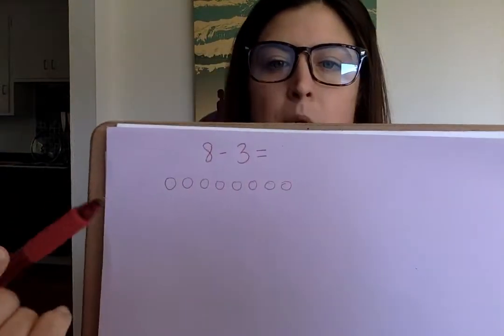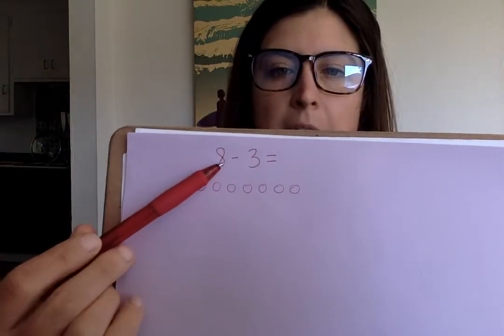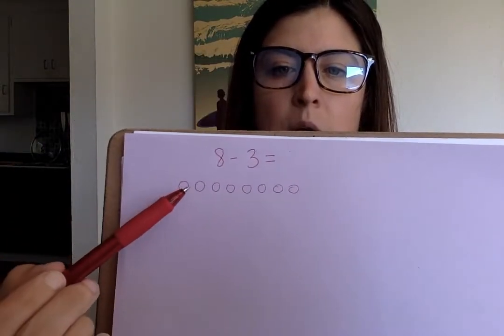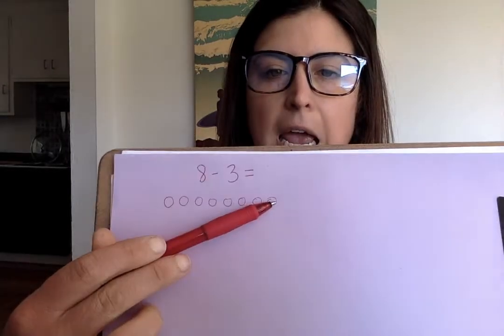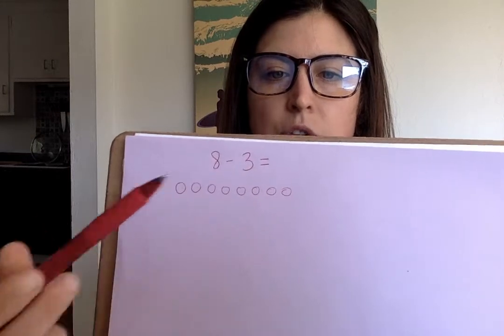Okay, so I always draw a picture to help me. I would start by drawing 8 circles. 1, 2, 3, 4, 5, 6, 7, 8. Because remember what I just read in this sentence? I had 8 of something. And I lost 3.